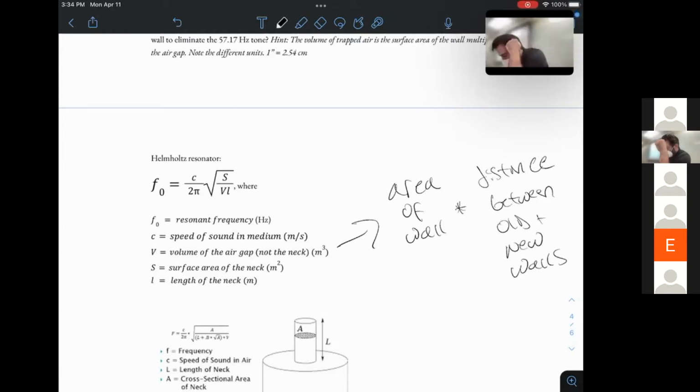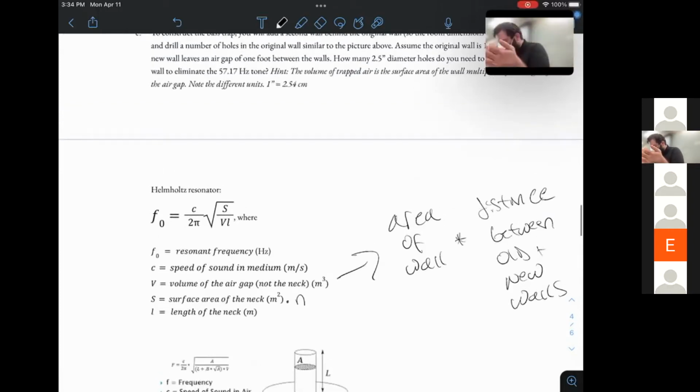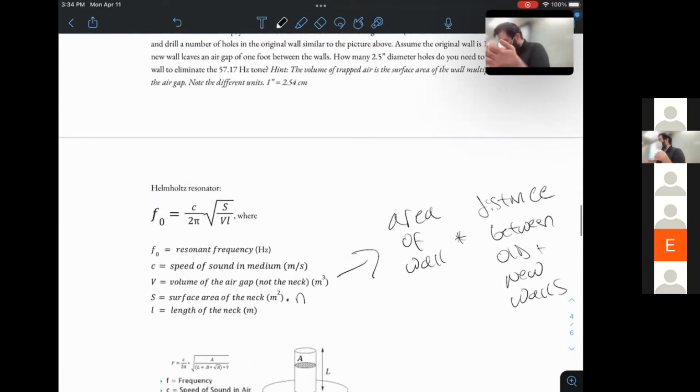The surface area of the neck, right? So this is what we're going to multiply by a factor of n, right? This is what's going to tell us how many of these holes I need to drill. So the surface area of the neck is going to be pi r squared. You're given a diameter, not a radius. Make sure you do all those conversions correctly. That's all easy to screw up.